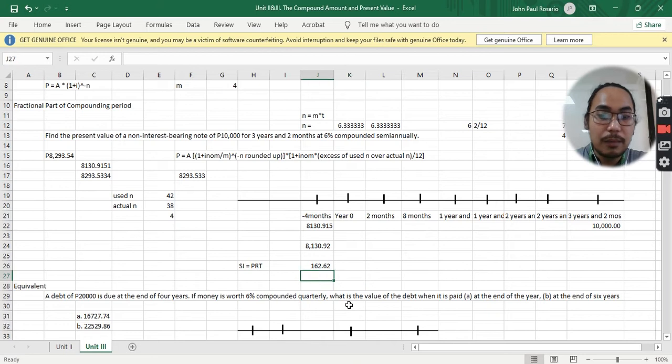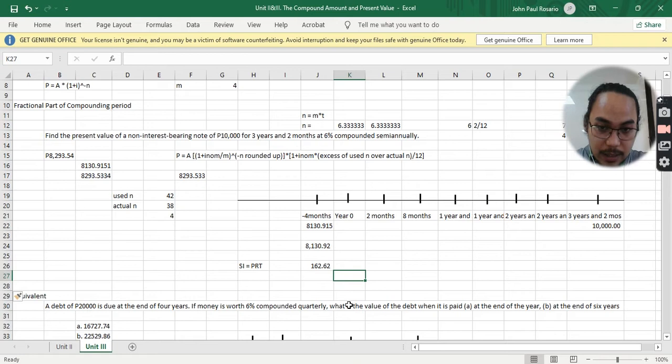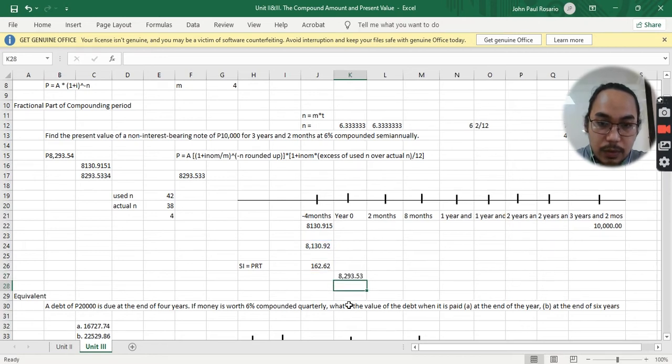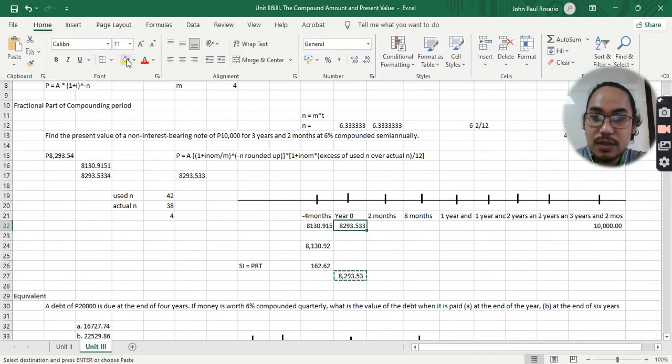So that means that your compound amount at year 0 should be 8130.92 plus 162.62, 8293.53. Okay. So this should be your final answer. This should be the amount that you should deposit today, so it would accumulate to 10,000 pesos 3 years and 2 months from now.